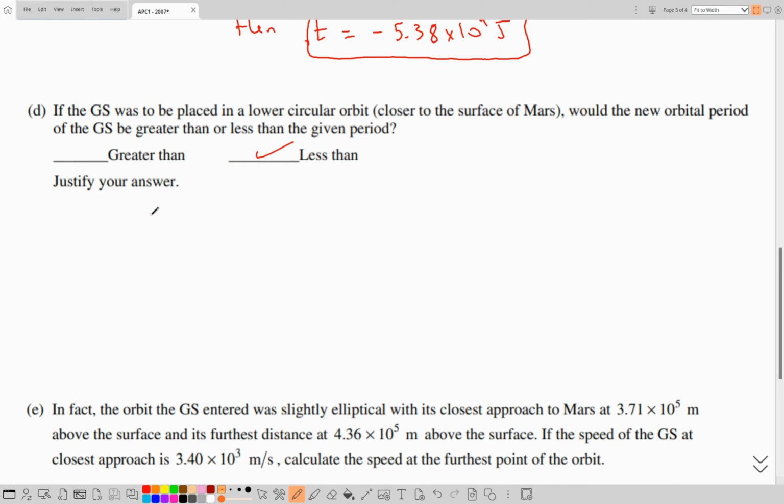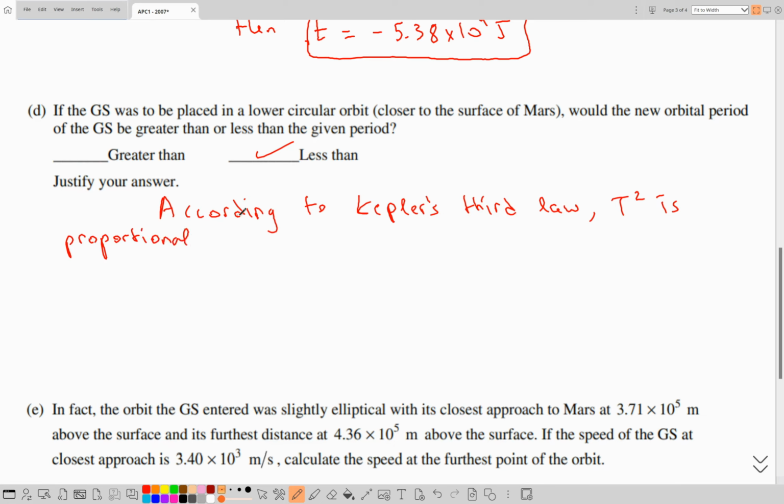Okay, so let me state it. According to Kepler's third law, T squared is proportional to r cubed.